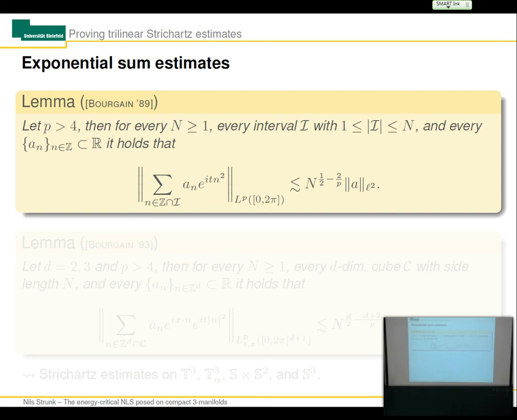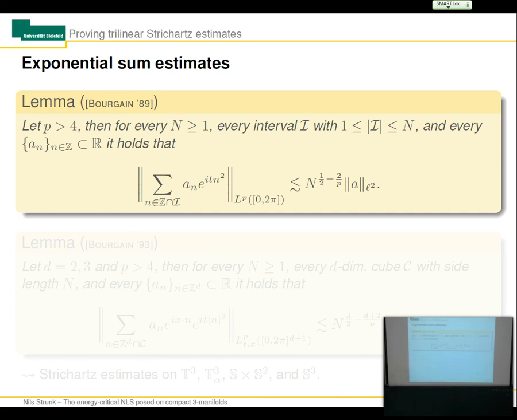If p is larger than 4 and we have any interval of length at most n, and we sum over all integer numbers in this interval, and we sum a_n times e to the i t n squared, and measure it only in t, so LP in t, then we get a loss of n to the power of 1/2 minus 2 over p.